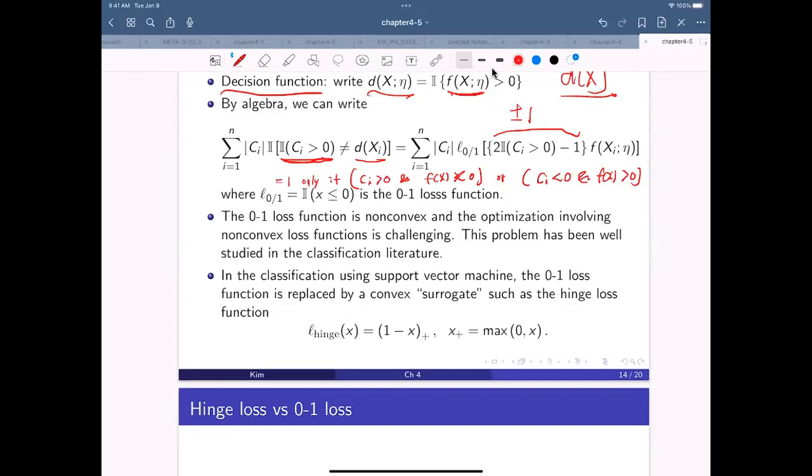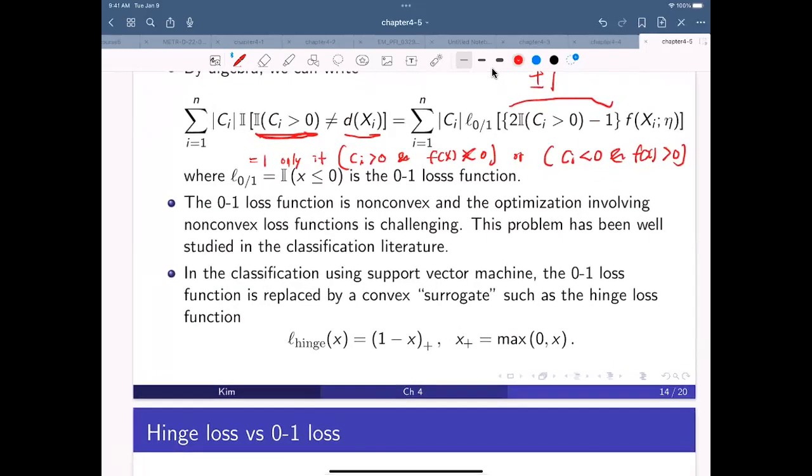That is actually the same as this one, the indicator of C_i being 0 minus 1 equal to 1.